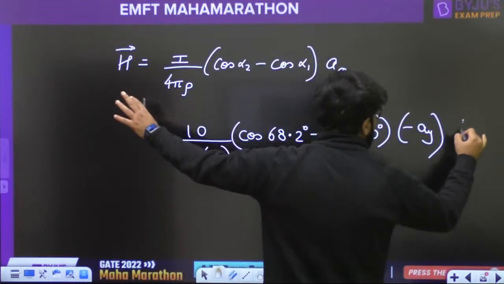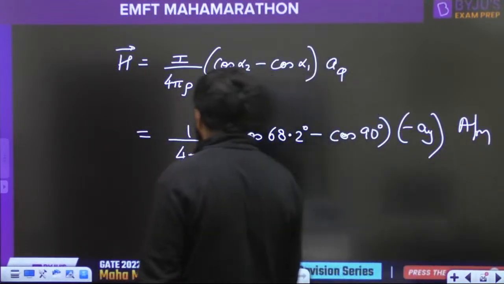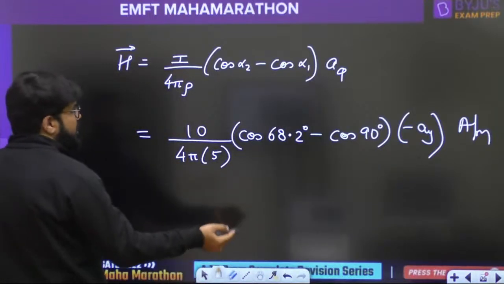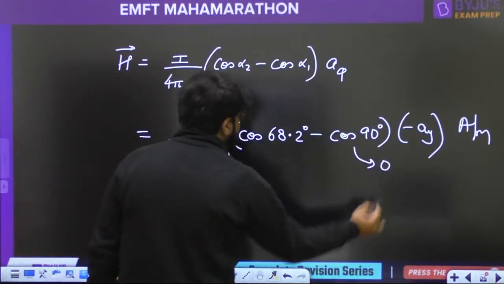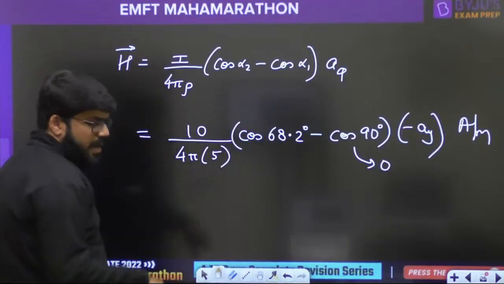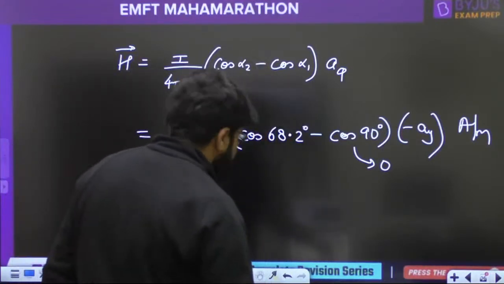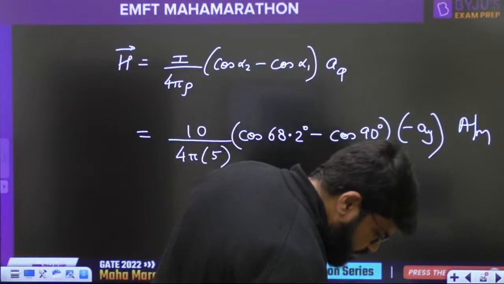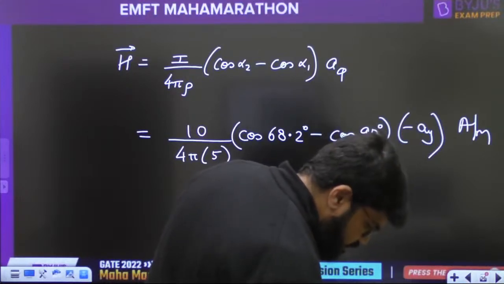And because we are calculating magnetic field, its unit is ampere per meter. Okay, just calculate the value. Cos 90 degree is going to be 0. Place down the value, take the minus outside, and the final answer, how much it is?